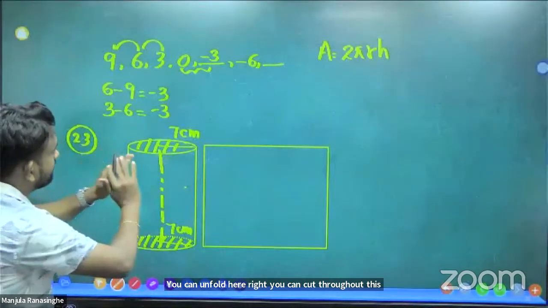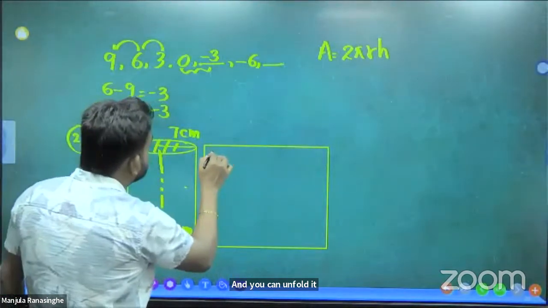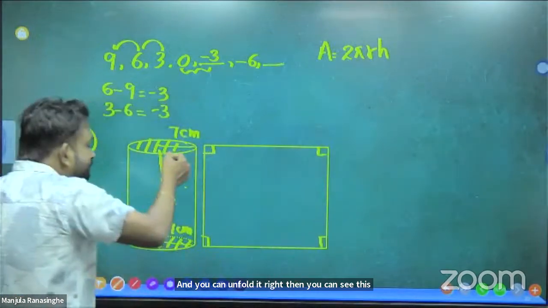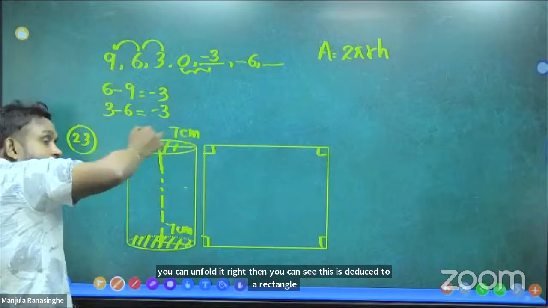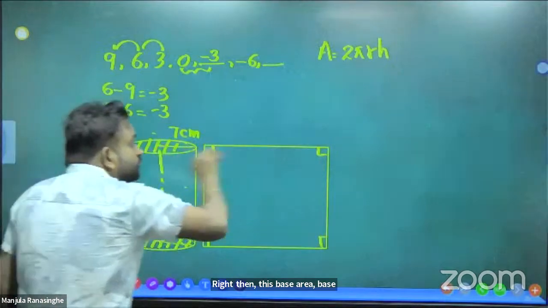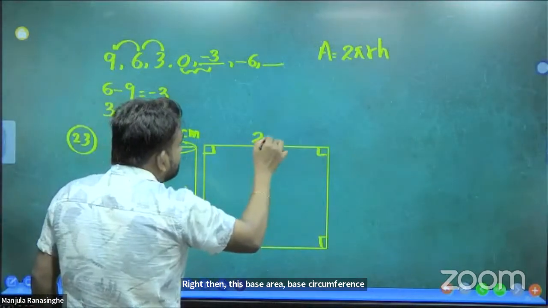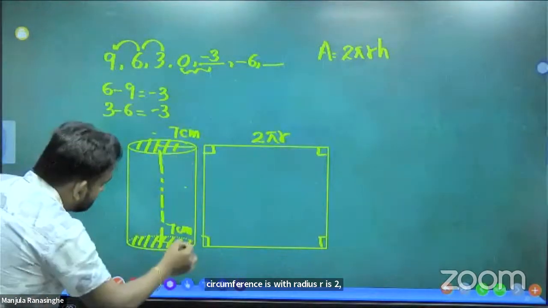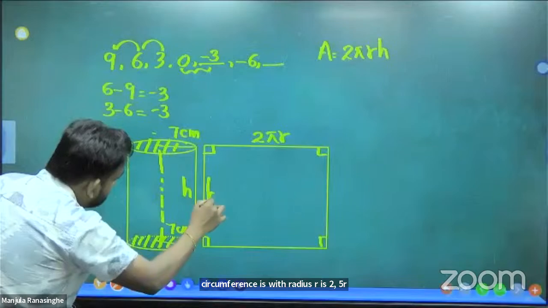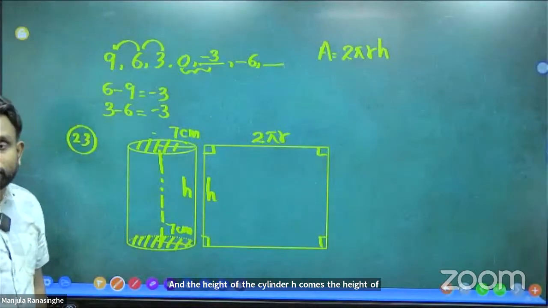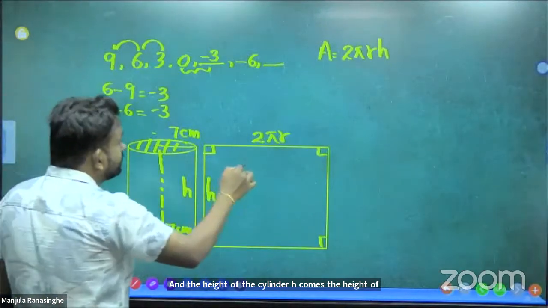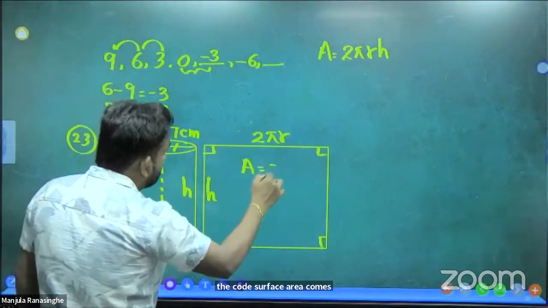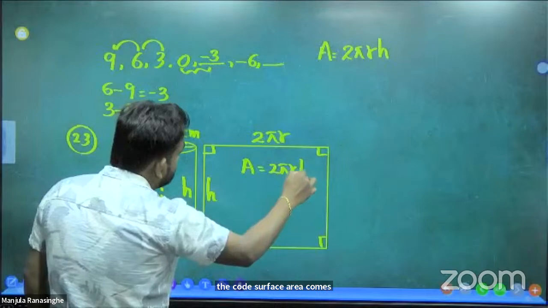Then you can see this is reduced to a rectangle. Then the base circumference comes to the length of the rectangle. The base circumference with radius r is 2πr, and the height of the cylinder h comes as the height of the rectangle. That's how the curved surface area comes as length into breadth, 2πr into h, 2πrh.